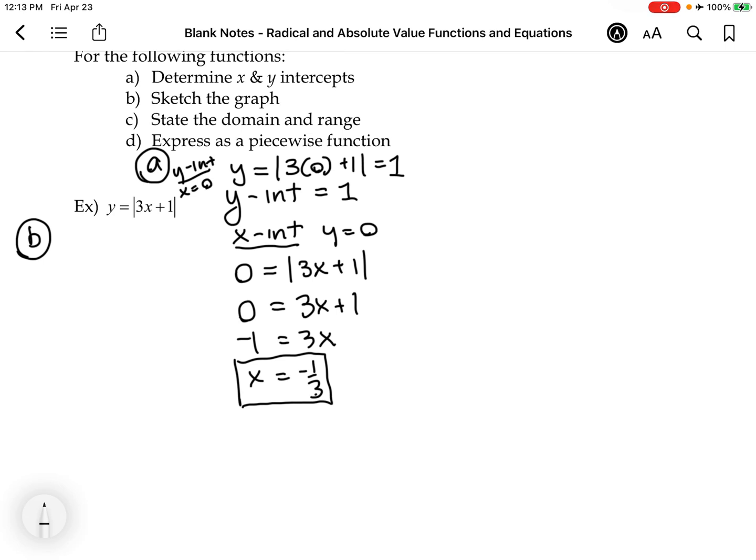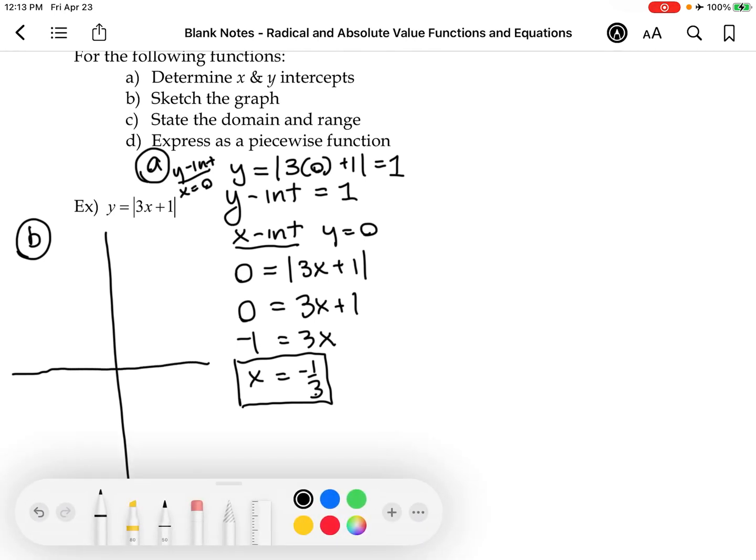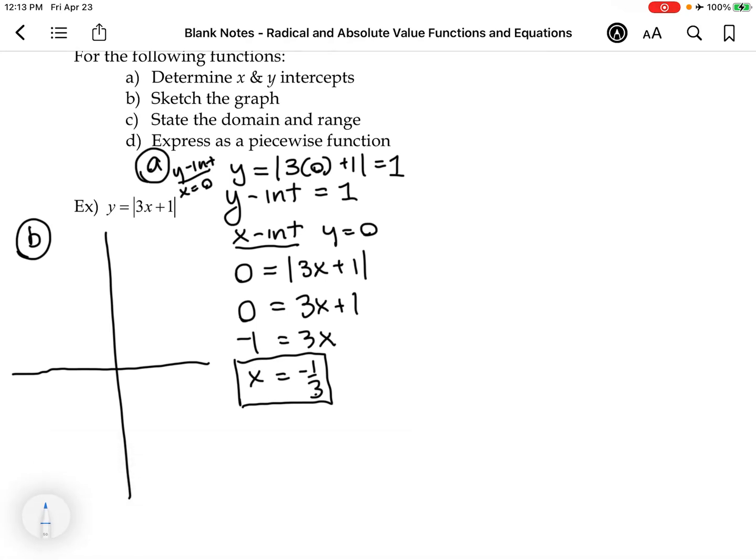Now step B, sketch a graph. I was kind of going out of order here, but this is where I would really encourage you guys to picture the original. I'm actually going to do this, that's kind of the see-through one, using a different color. So if I were to graph y equals 3x plus 1, okay, my y-intercept would be at 1, and then I'd go up 3 and right 1.